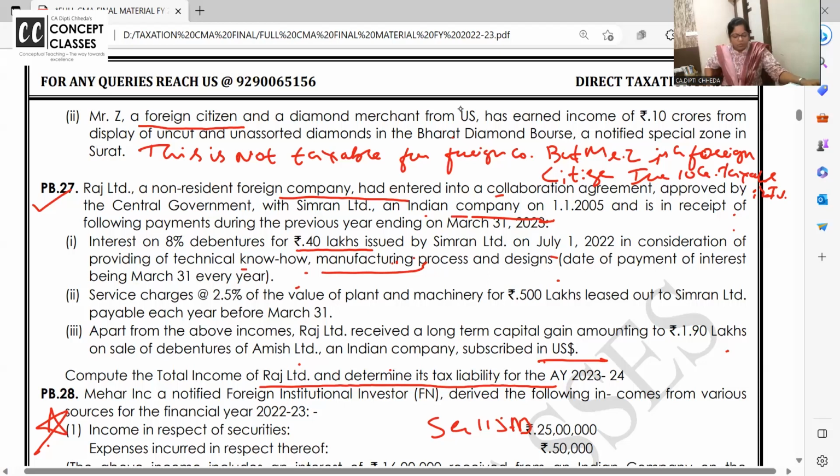Okay, so just make the columns, start taxing it, total income. Problem number 27 in your notebook.